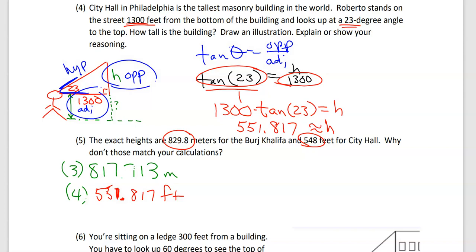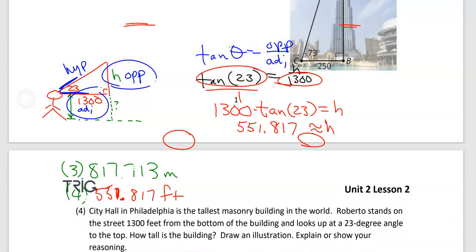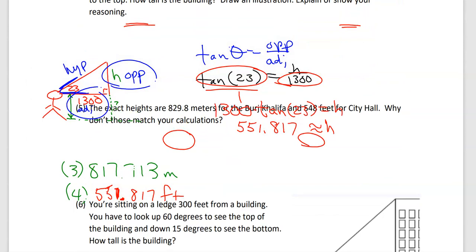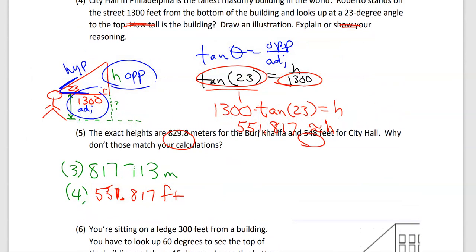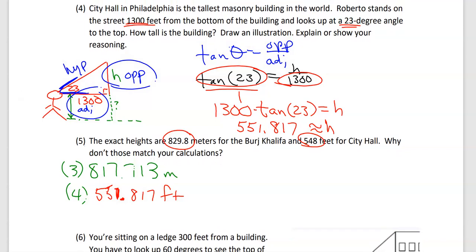If you think about problem number 3, for example, and I'm going to change the screen for a moment. Problem 3, the numbers were 73 degrees and 250. So 250 times the tangent of 73 degrees was our 817.713 answer.